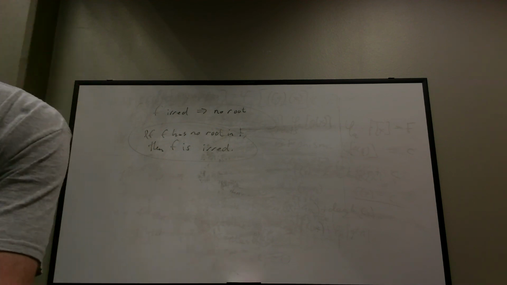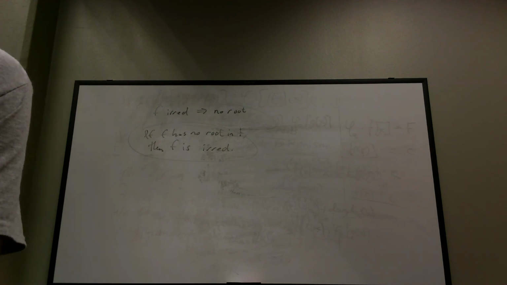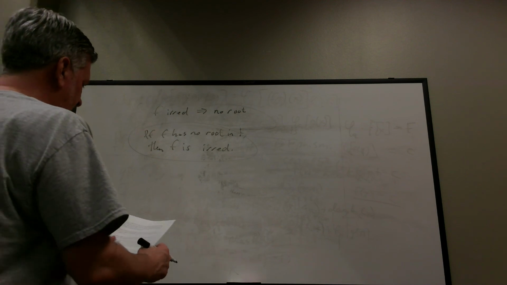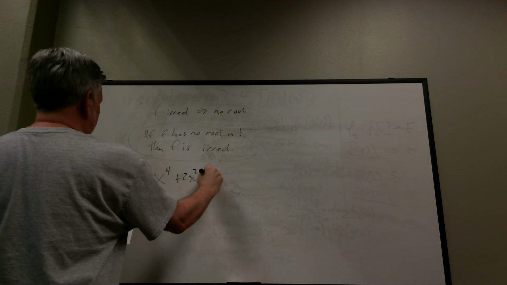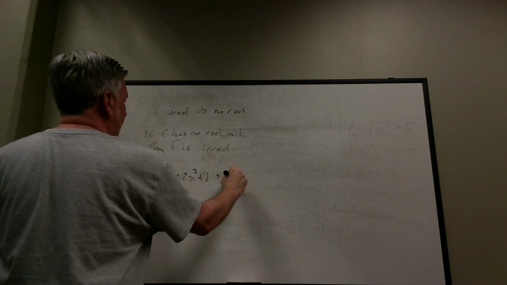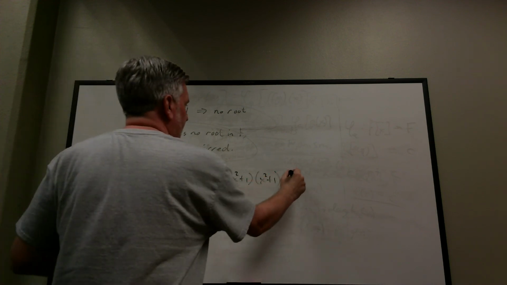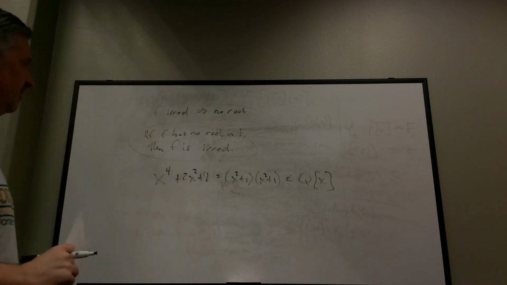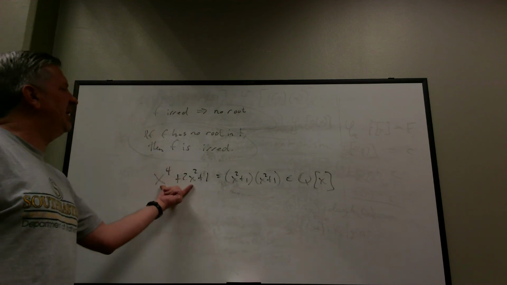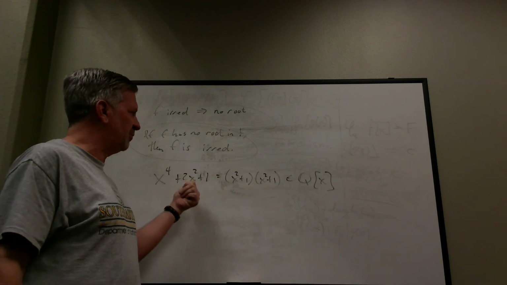And the example I have here, I say, look at the polynomial x to the 4th plus 2x squared plus 1, and let me write that. That's x squared plus 1 quantity squared. And I just said, consider this in the ring Q[x]. Q is the rational numbers. Notice this polynomial is reducible because I've written it as the product of two polynomials of lesser degree.